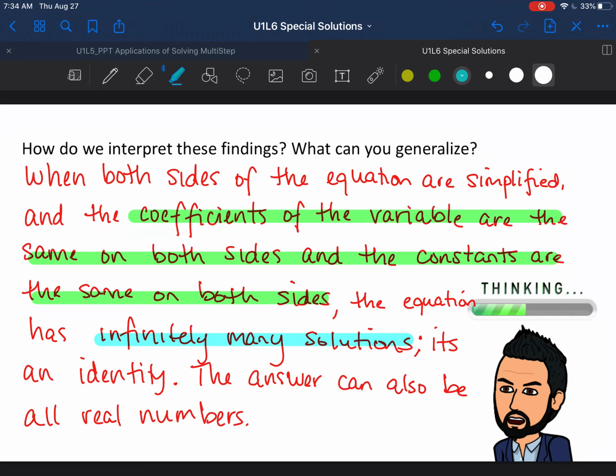X equals 10 may work, x equals 7 may work, x equals 2.5 may work. There's infinitely many solutions. Then, once that happens, we call this an identity. That's the name. We would say, oh, that's an identity. And we know that when we see an identity, we can answer the question by saying that the solution is all real numbers, because any value of x will make that equation true.